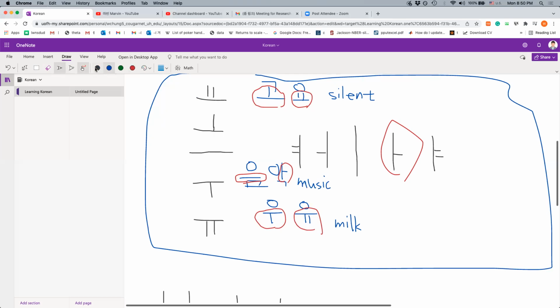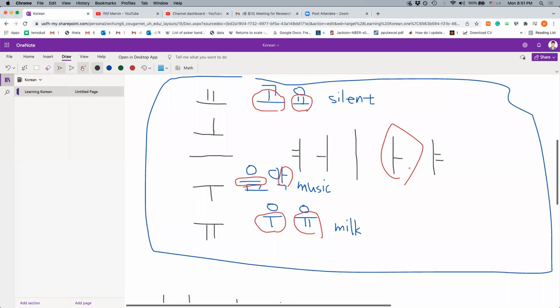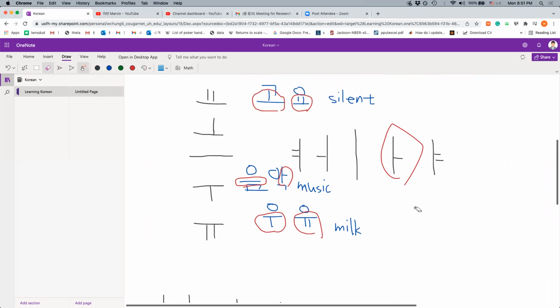And let's think about ㅣ. Let's say 길. 길다, which is long. 이것이 길다. Or maybe 길다 is long, and 길 is road.